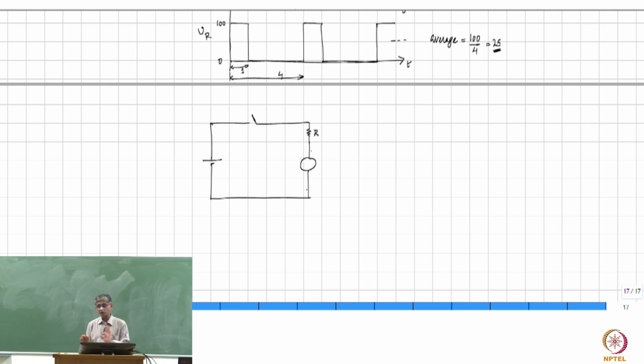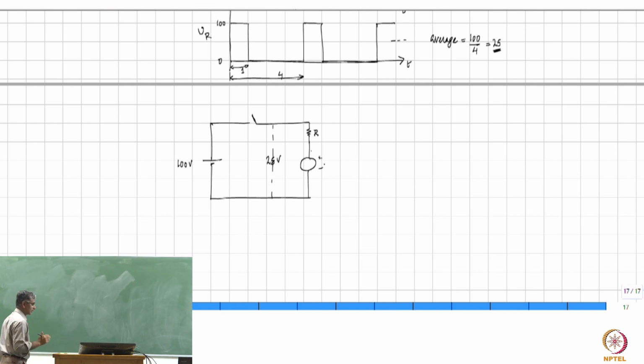Whether this is the model is a separate question, but if this is the model and you have 100 volt here and you want a voltage of 25 volts at this point, which is what we have designed, and there is a resistance, and this is a DC voltage because the speed is a constant speed, so K into omega will be a constant voltage, and therefore that voltage inside the circle is pure DC.